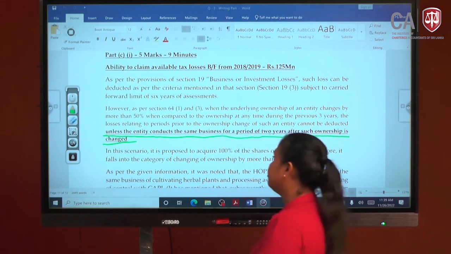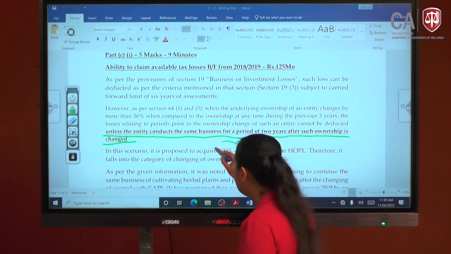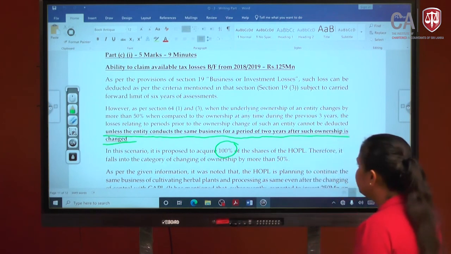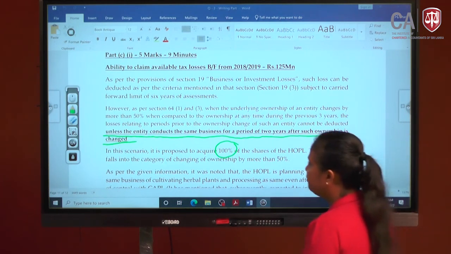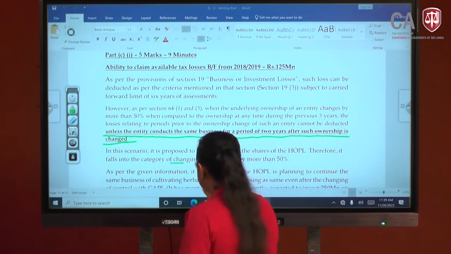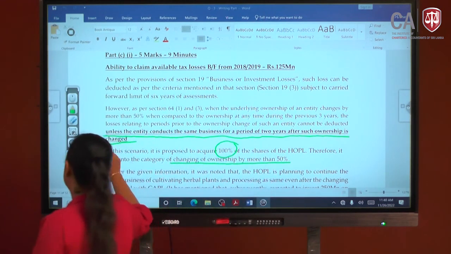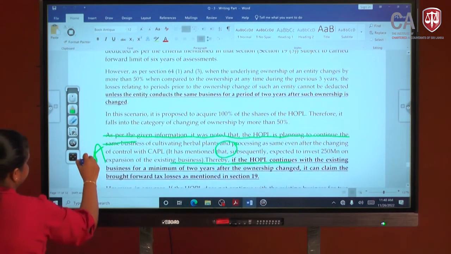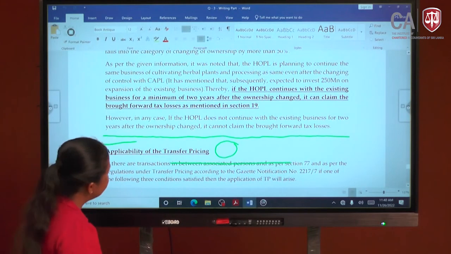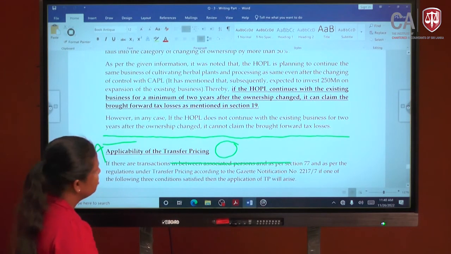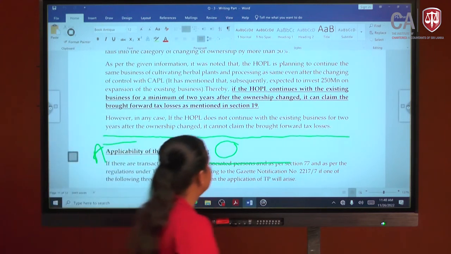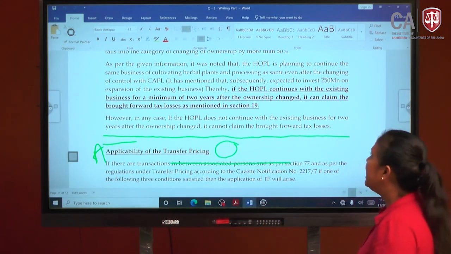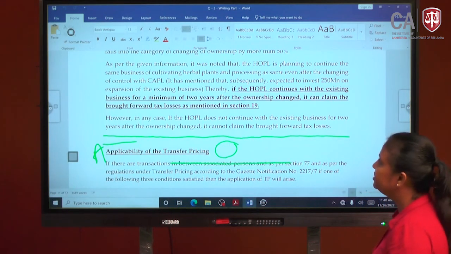In this scenario, it is proposed to acquire 100% of the shares of the HOPL. Therefore, it falls into the category of the change of ownership of the 50% application. Then the next, as per the information, it was noted that HOPL is planning to continue the same business of cultivating herbal plants and processing even after the change of control.